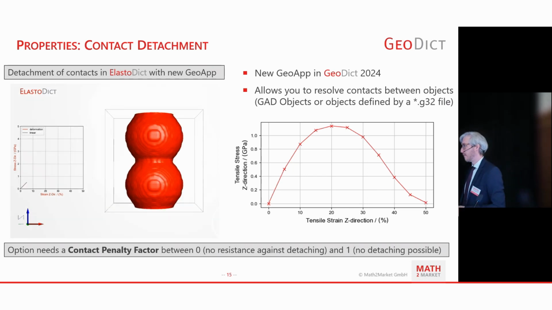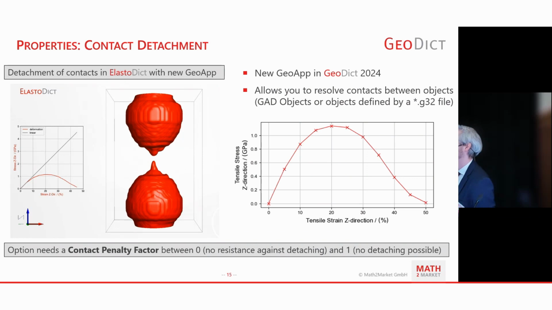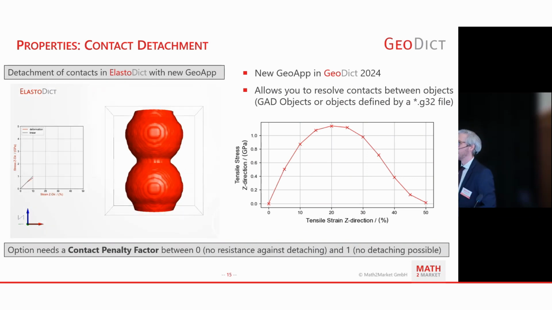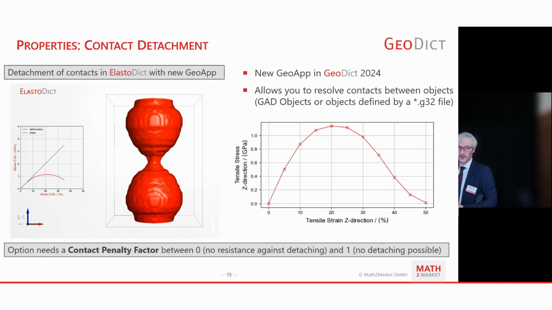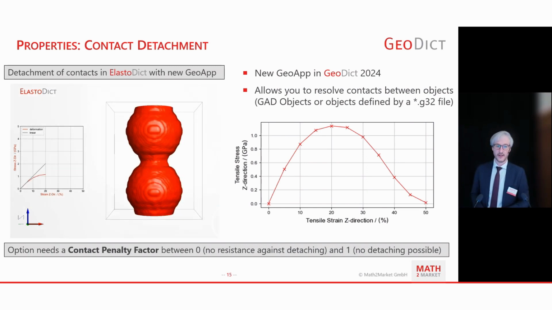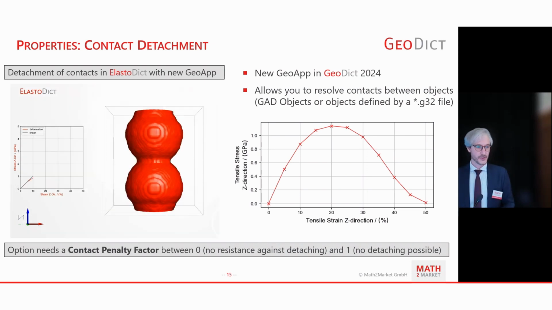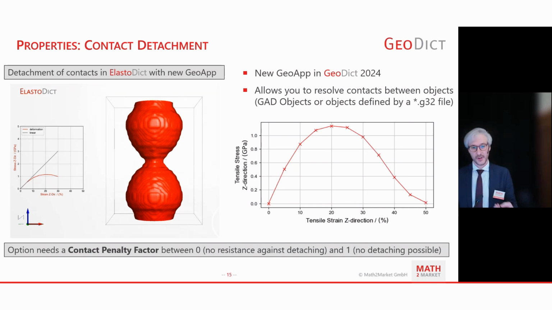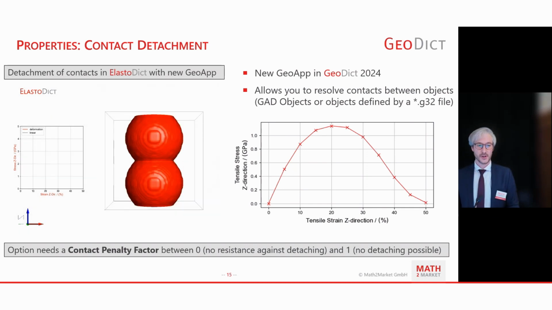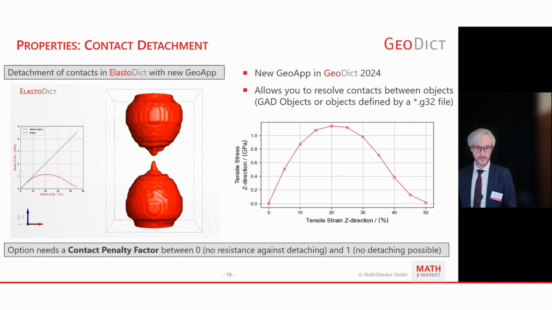And my background is batteries, so I know that for battery degradation, this mechanism of detachment is very important to deliver an accurate simulation. And of course, we will keep on working to include this fully into GeoDict very soon.